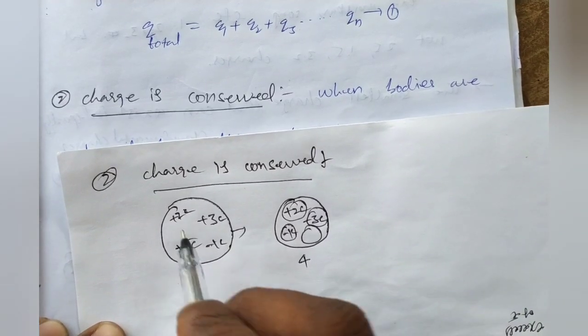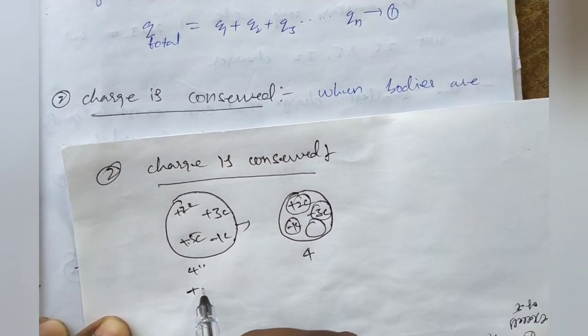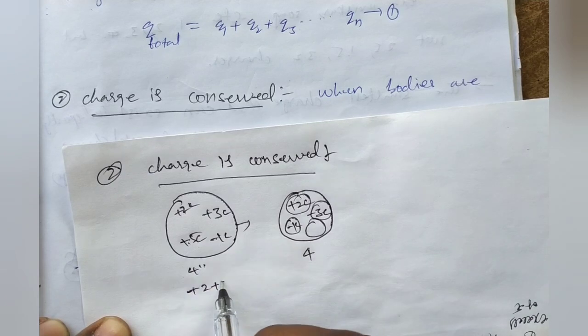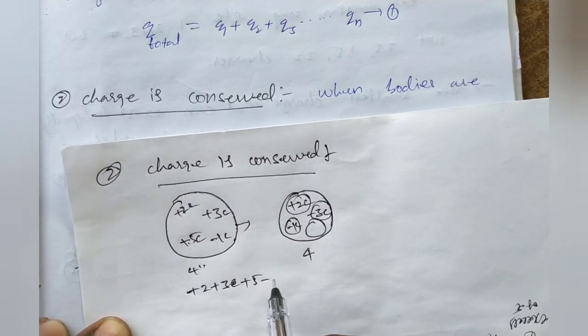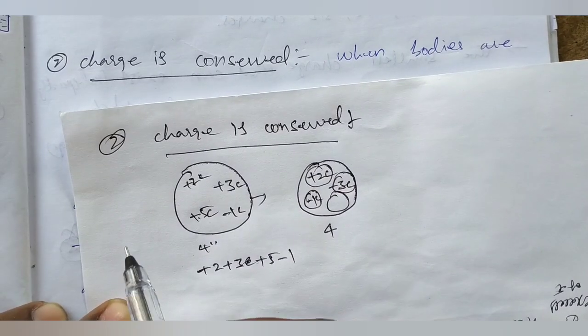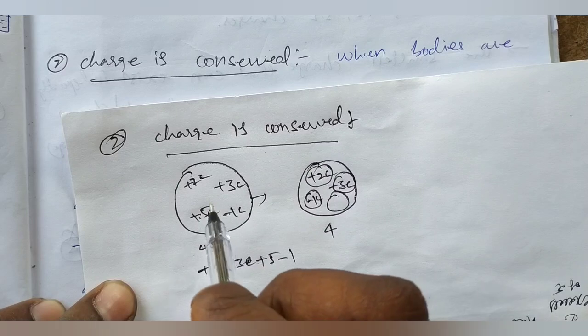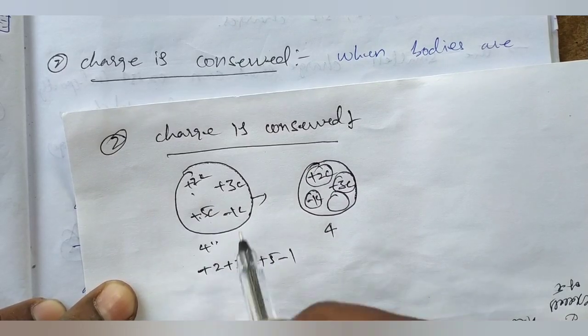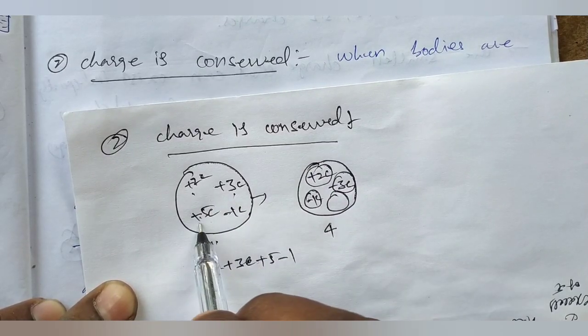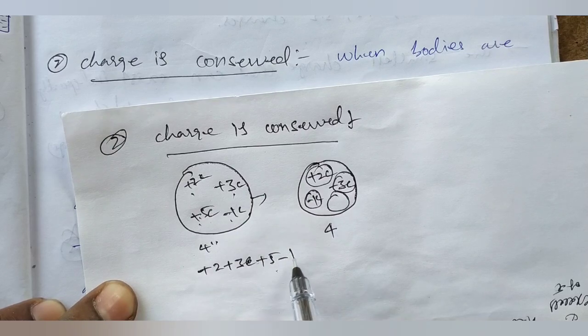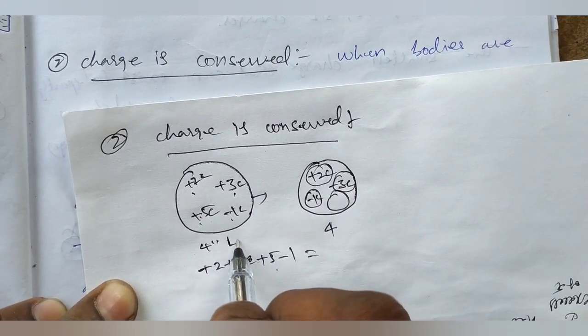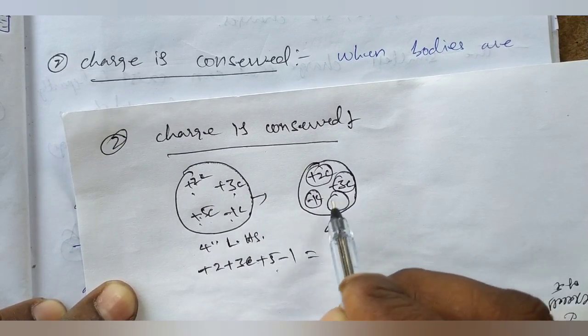Here the net charge of the first body is plus 2 coulombs plus 3 coulombs plus 5 coulombs minus 1 coulomb, which is equal to the LHS. The LHS is equal to the RHS.